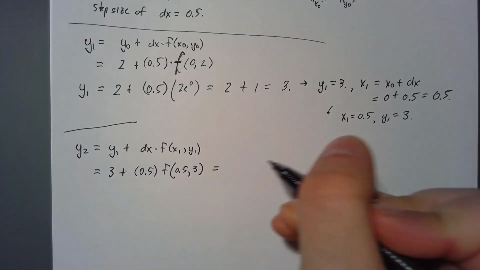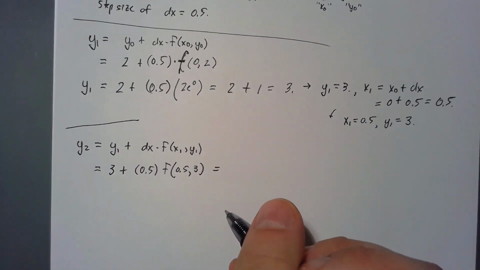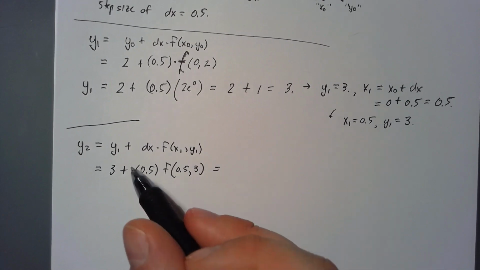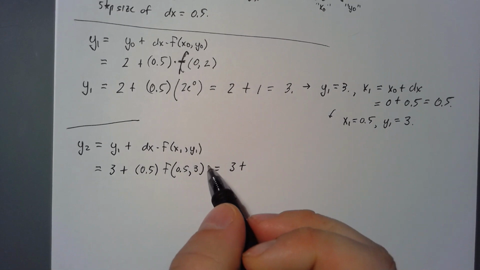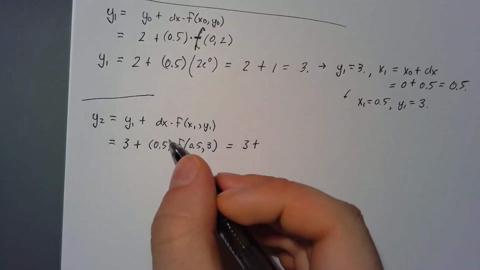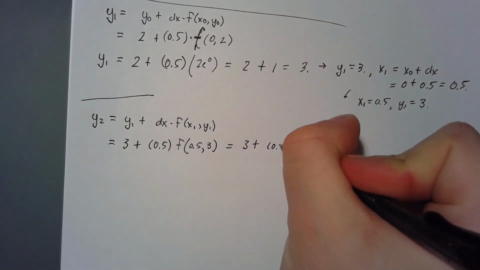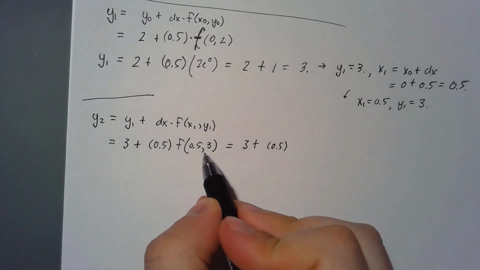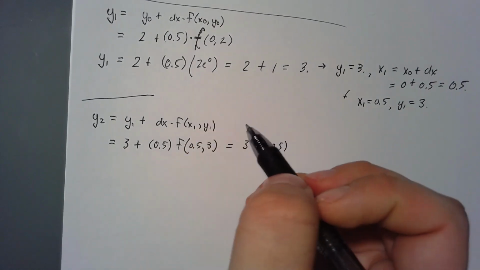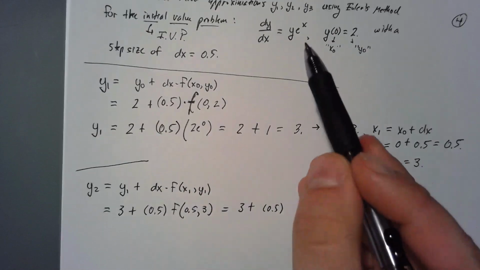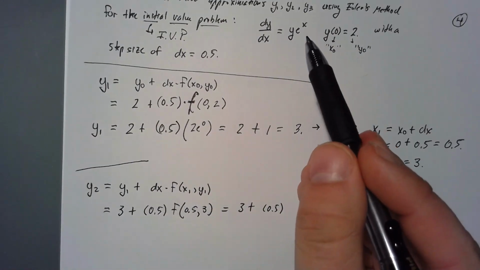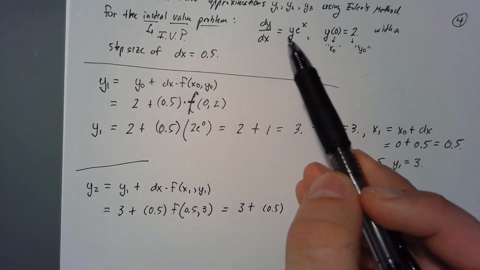So when you go through that, you're going to have 3 plus 0.5 times, so when I plug this into my function, what do I get? My function was y times e to the x.